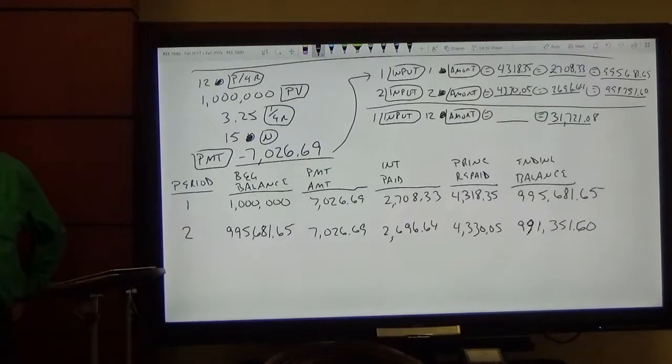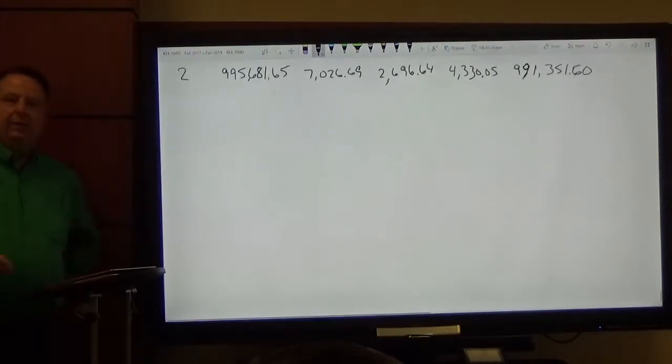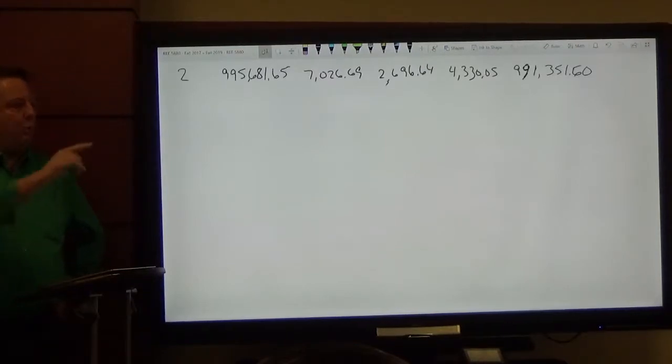It would be 45 to 60. Not 45. 48 to 60. This is why I'm doing this, because you've got to understand this. It's going to be 49 to 60. I only heard 48 over here.